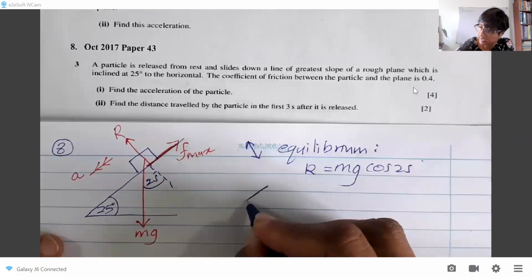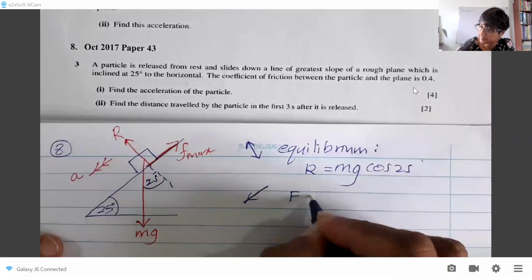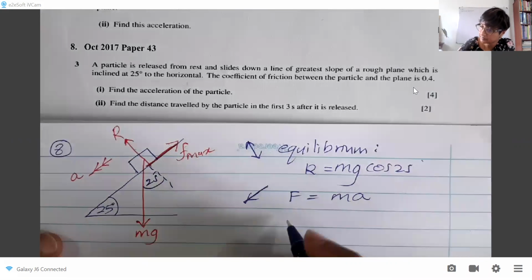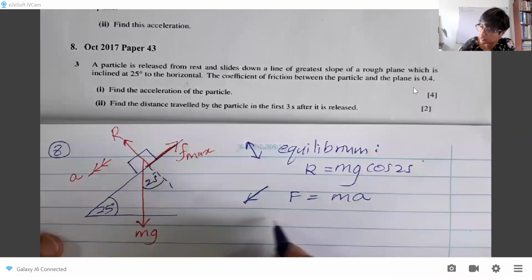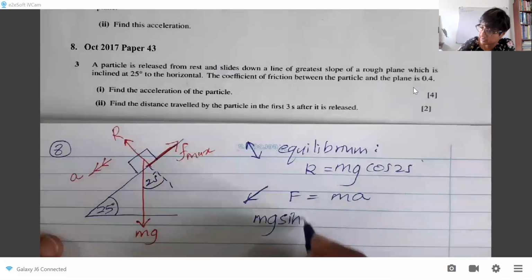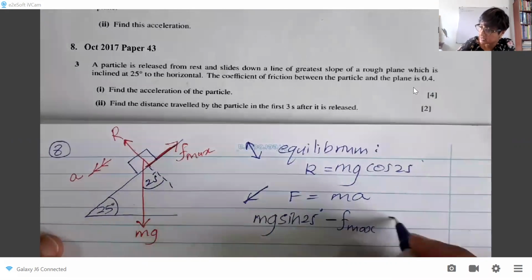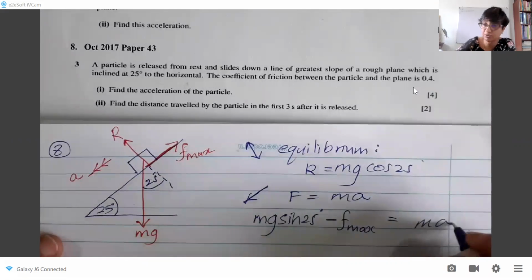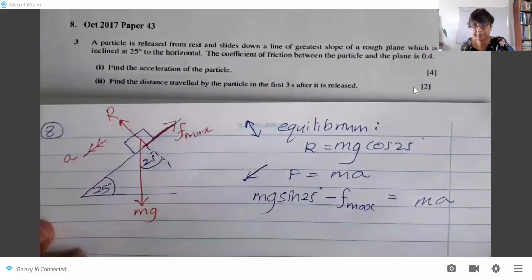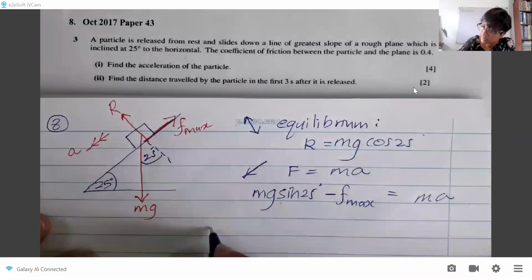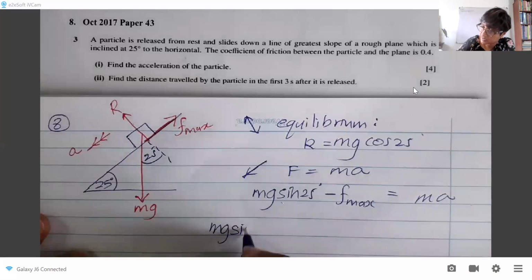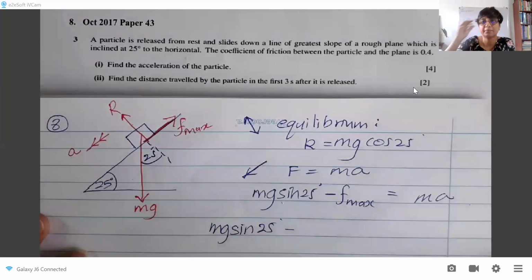And then this way, F equals ma. We have mg sine 25 minus F max is equal to ma. We don't know m, we don't know a. Mg sine 25 minus, mu is given.